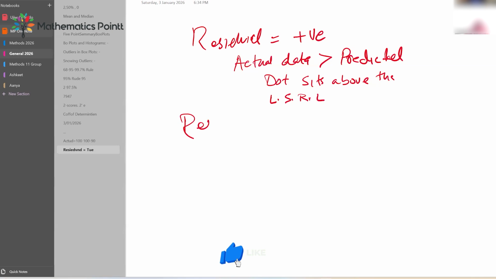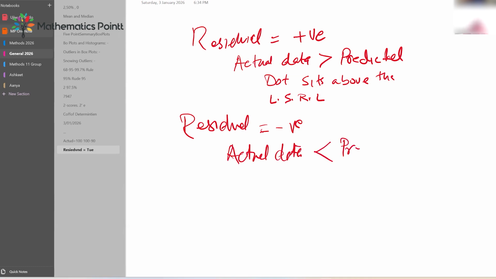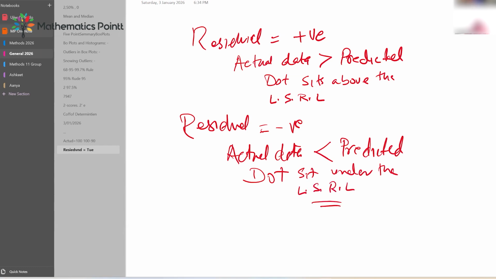And when your residual is negative, it means your actual data is less than your predicted data, and hence your dot in the scatter will sit under the least square regression line.